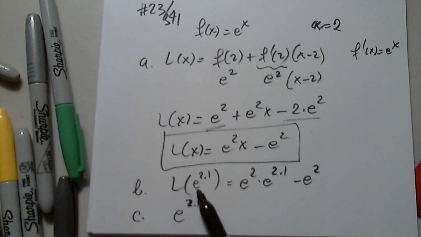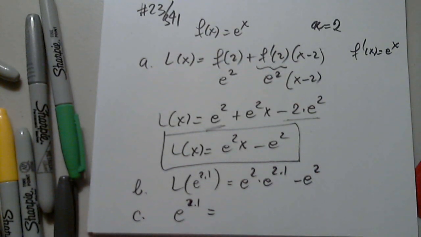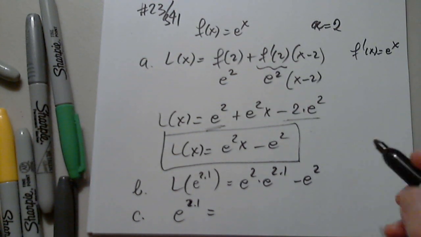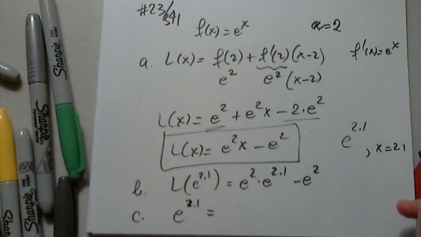So they wanted us to determine, oh, sorry, I see. So this is 2.1, sorry about that. So we have e to 2.1, which means x equals 2.1.